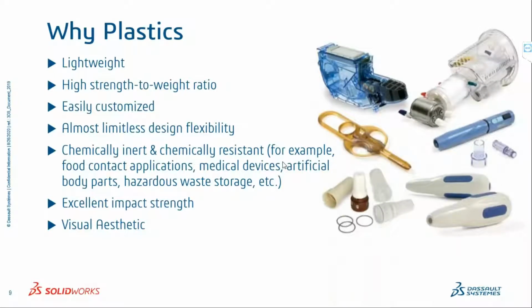So these are a few of the main advantages why we go for plastics. As my first slide indicated, plastics are everywhere, from toys to medical devices to storage tanks, even artificial body parts, food applications, etc.